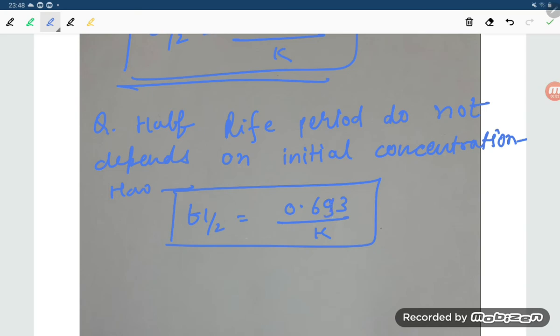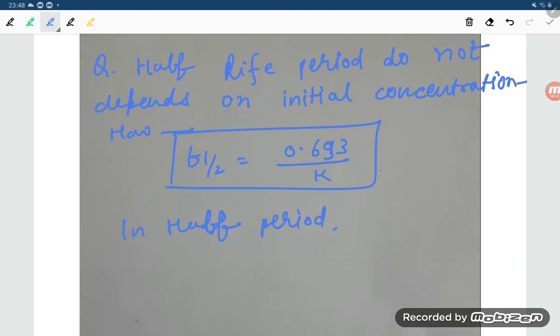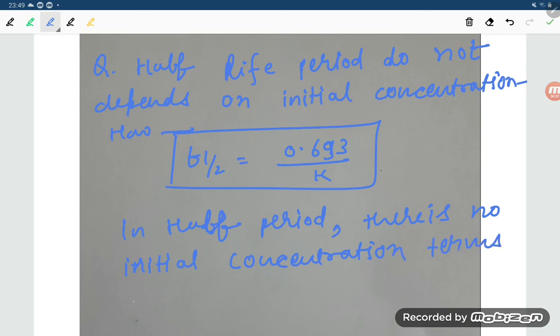In the half-life period there is no initial concentration term.